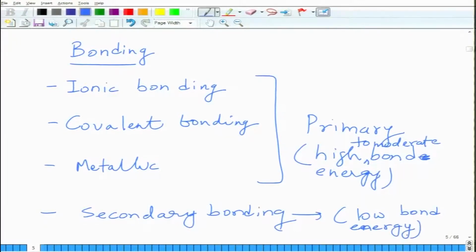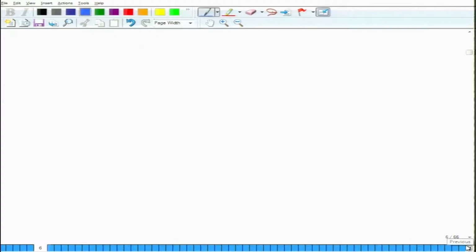I will show you the bond energy magnitudes later on as we move on, but there is a substantial difference between the bond energy of the two, and that is why materials which are purely covalently or ionically or metallically bonded are stronger than materials which are secondary bonded. So, let us look at the ionic bonding to begin with.